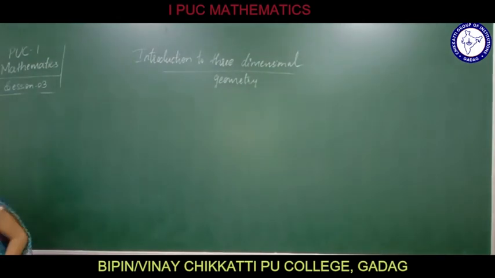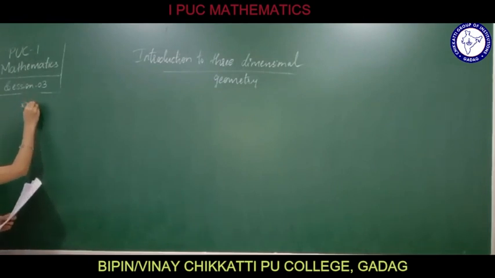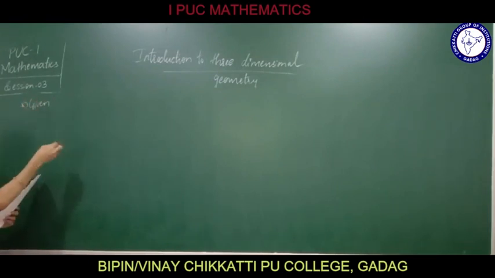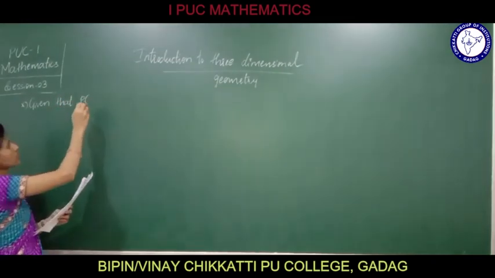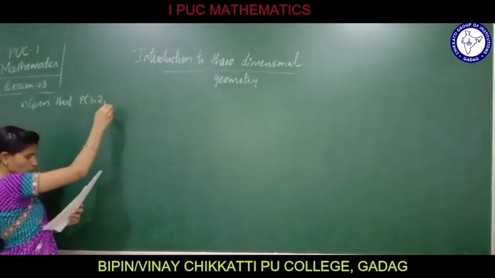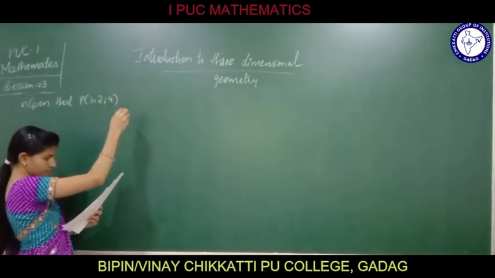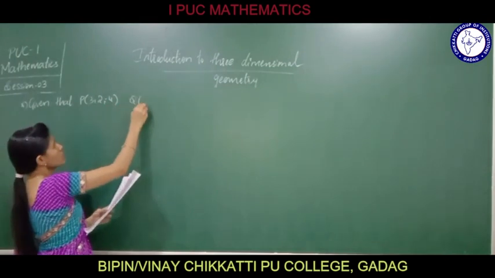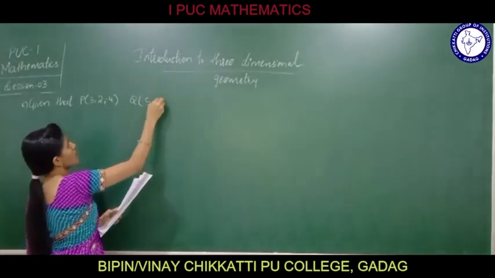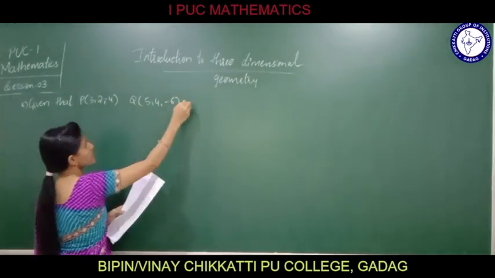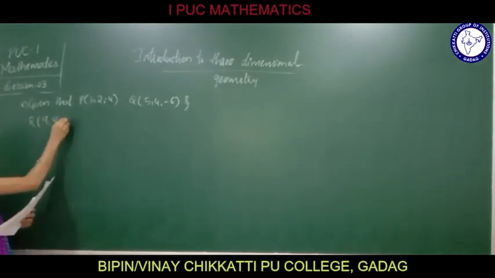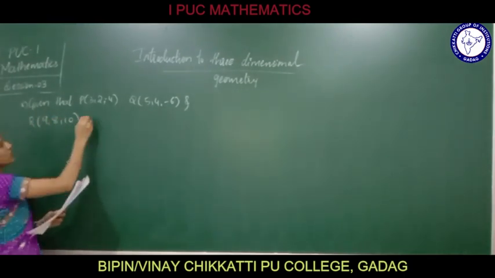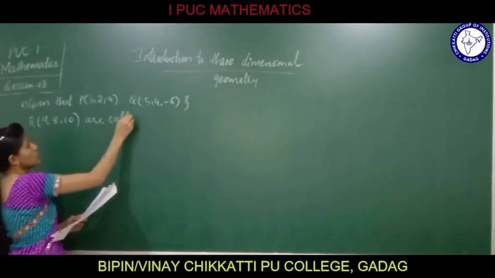The next problem is that they have given that P of 3, 2, minus 4, Q of 5, 4, minus 6 and R of 9, 8, 10 are collinear.